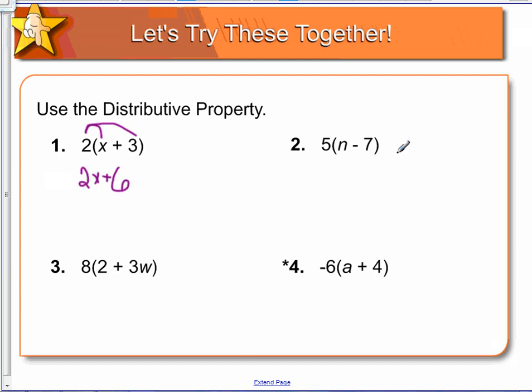Okay. Number 2, we have 5 times the quantity n minus 7. All right, minus 7. So in this case, we would do 5n minus 35.